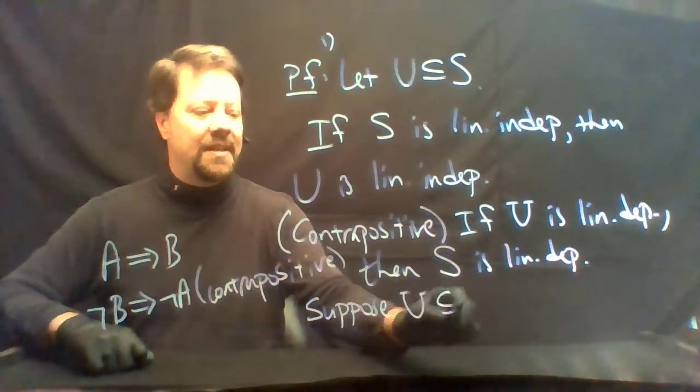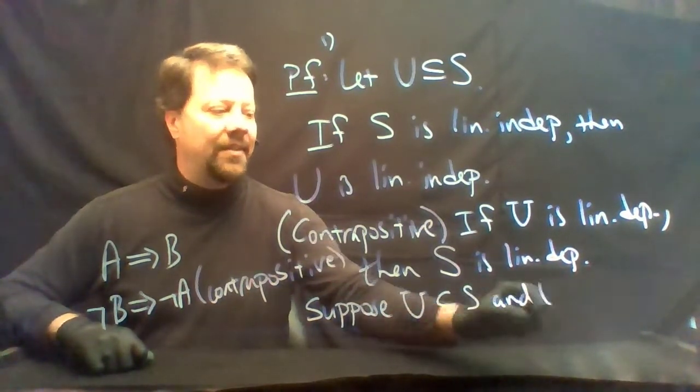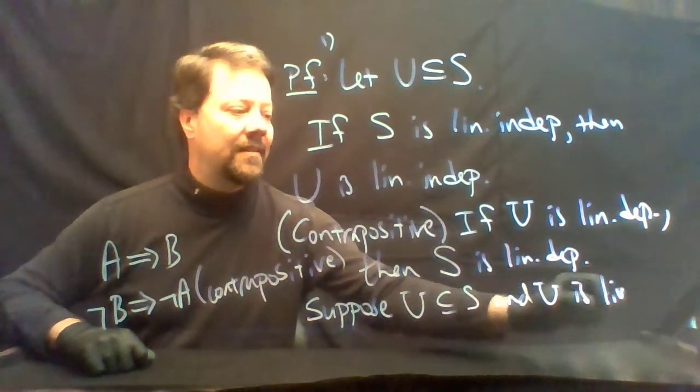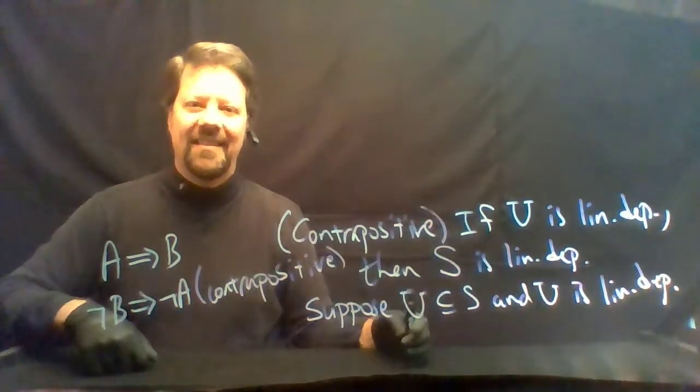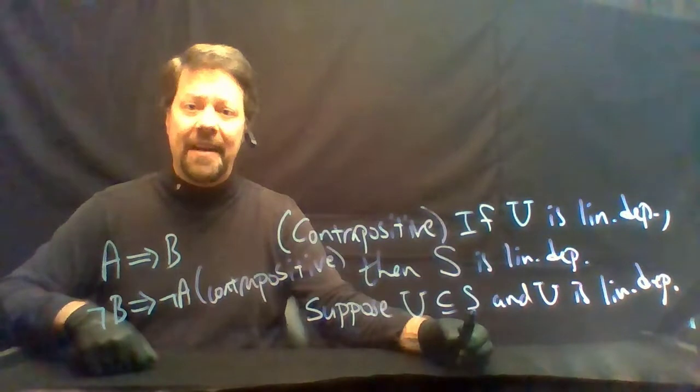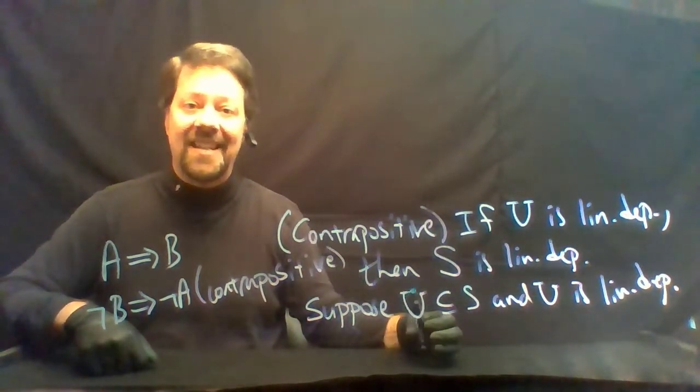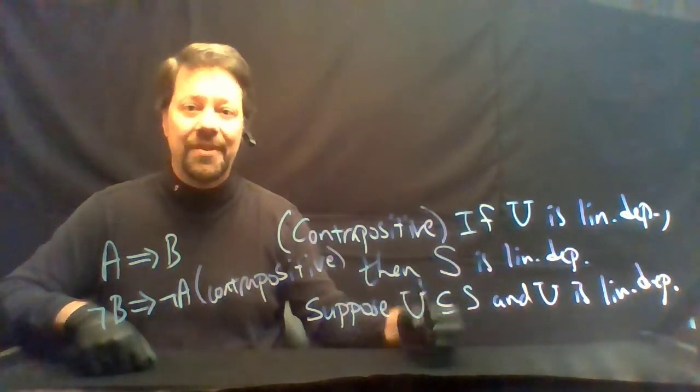Suppose U is a subset of S and U is linearly dependent. What does that mean? That means we can find a finite set of vectors in U that has a non-trivial linear combination equal to the zero vector.